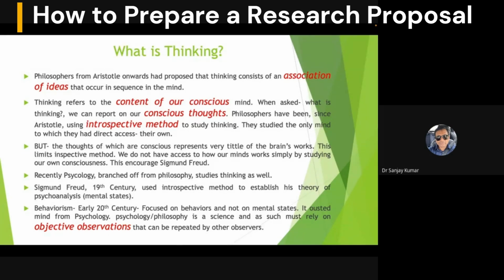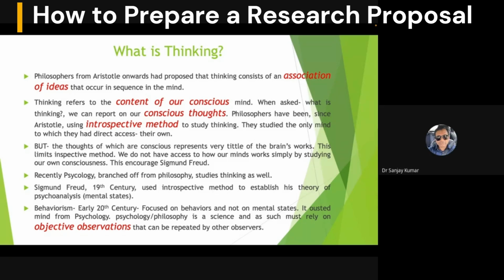Now, you must understand our conscious mind, because until the psychologist Sigmund Freud indicated something else, we all believed that the content of our conscious mind is what can be called thinking. When asked what is thinking, we can report on our conscious thoughts.